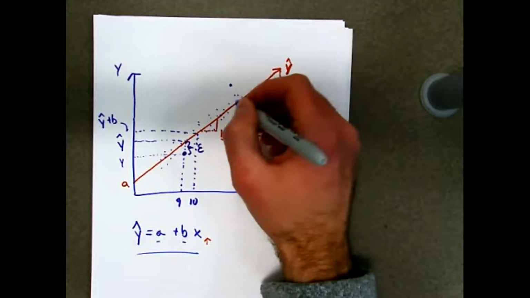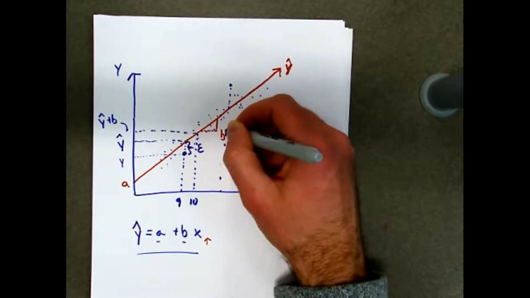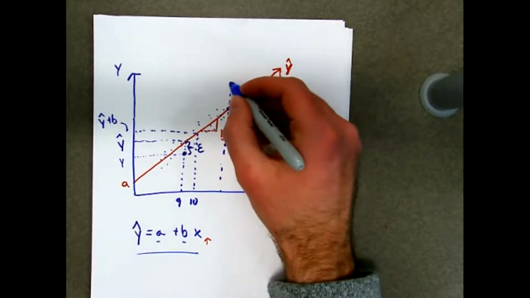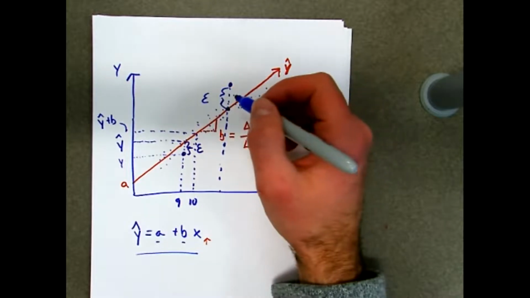Maybe I had an observation up here, so I come up with a predicted Y value. Right, there's my prediction. Here's the actual Y value. So here I have an error term. Right?